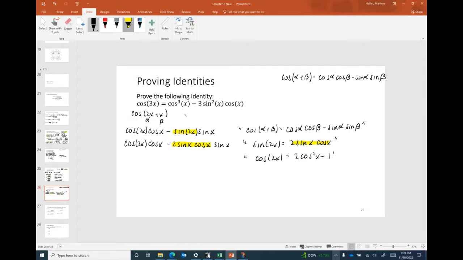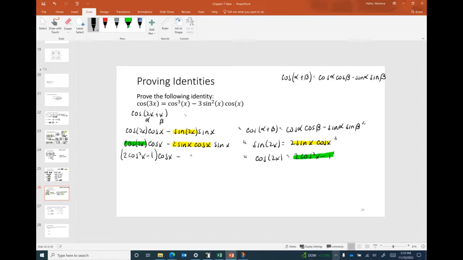All right, so here's the substitution that I'm making. Oh, look at all my colors. I want to try making this substitution for this and see if I can make this happen. I don't think it's going to. I think I'm going to have to back up and try something else. So 2 cosine squared x minus 1 times the cosine of x. Well, maybe it will work.